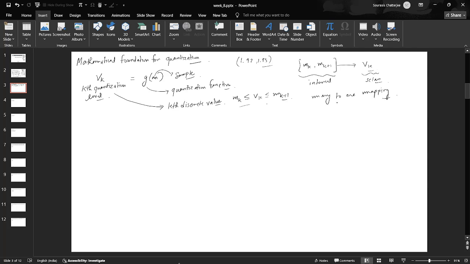You are mapping the entire interval, whichever of the infinite values, no matter what value in this interval the message takes, to Vk only. That is fixed, that is a scalar number. That is what you are doing in quantization.